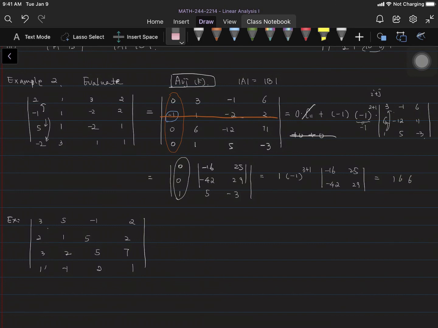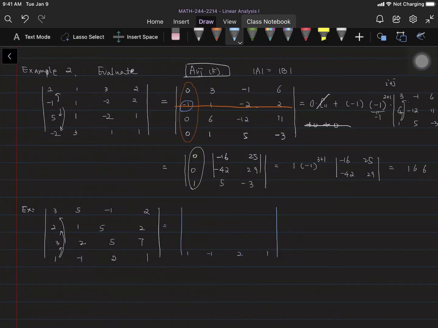Or you can also use the second column if you like. You can use this to make other numbers into zeros. Either way, same thing. But the first column is easy to calculate the i plus j, so you can try this way. And then I'm going to give you the solution later.